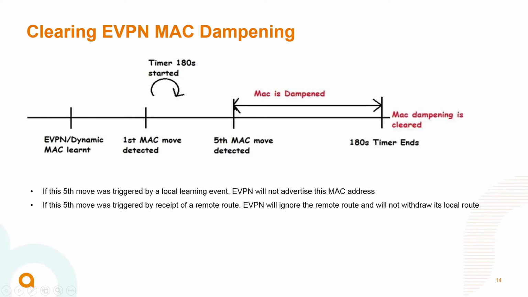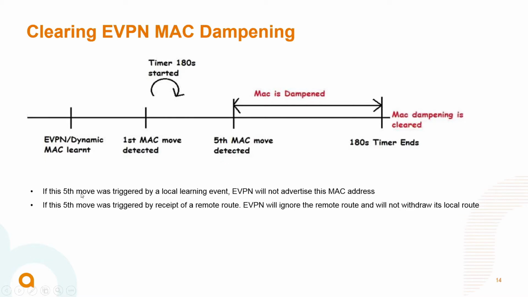Here, the MAC is dampened at this point of time, and here is where my 180 seconds, which was triggered, ends. So MAC is dampened for these many seconds, and once the 180-second timer expires, MAC dampening is cleared. This means that this 180 seconds is a common timer for both detecting and clearing the MAC dampening.